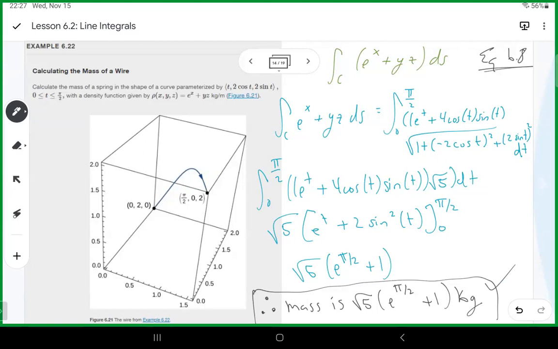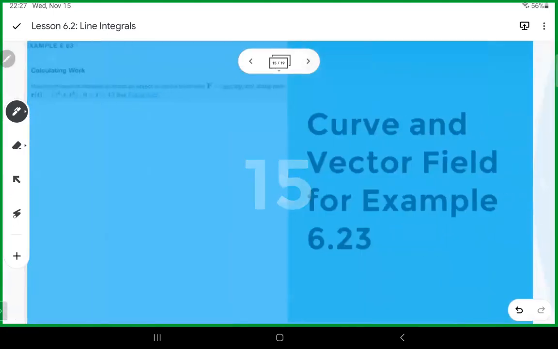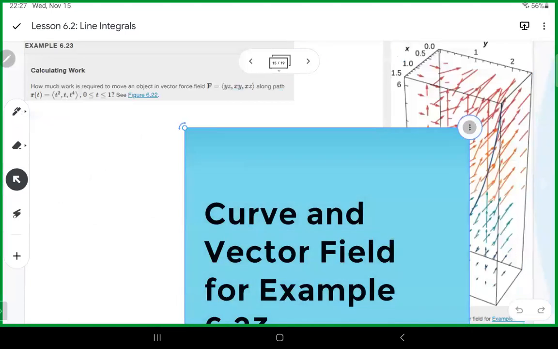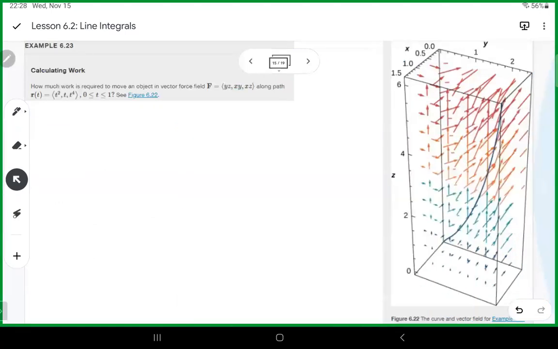Okay. How much work is required to move an object in vector force field along the path? See figure 6.22. Okay.